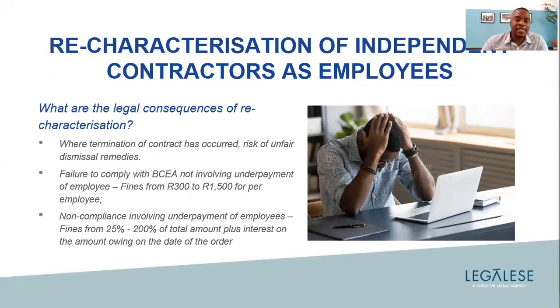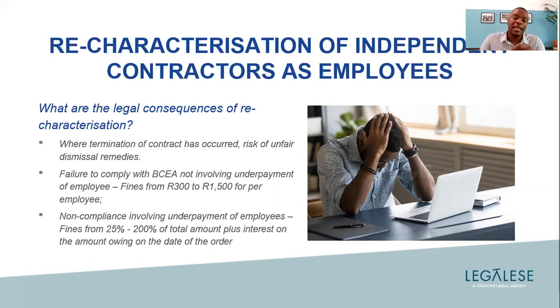And these include, for example, remember I mentioned that someone who claims to be an employee may go to the CCMA or the labor court as it may be, and claim that they are an employee. When they are successful in that CCMA referral or labor court case, that is when they are recharacterized as an employee.